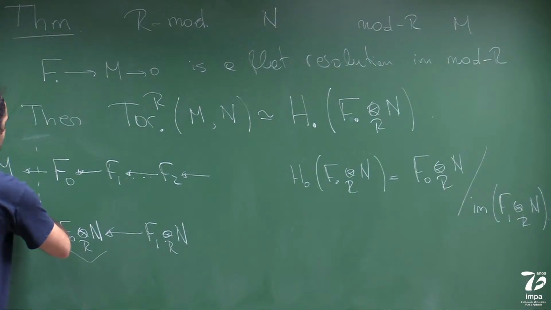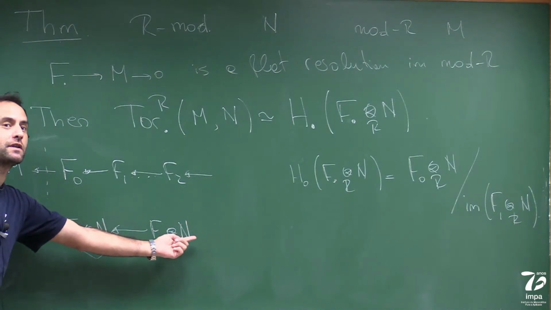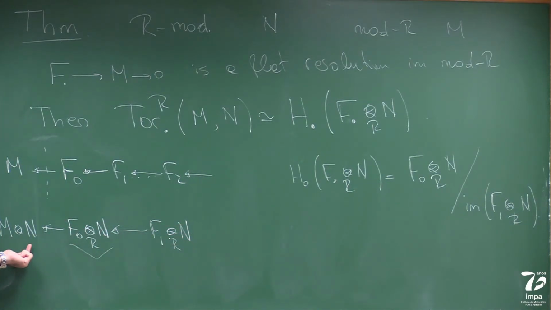But on the other hand, I could have taken this whole sequence and tensored it with N. So the first term would have been this. I have no clue what happens after this, but tensoring by N is exact on the right.